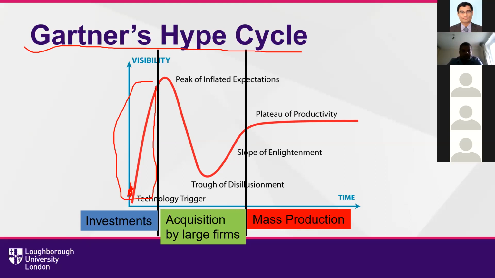Once the technology passes the peak, and only a few technologies will actually climb and pass it, the big companies will buy those technologies. This is where investment is given to small and medium enterprises or startups. They mature the technology, and at some point big companies buy it. Then the technology goes through mass production.